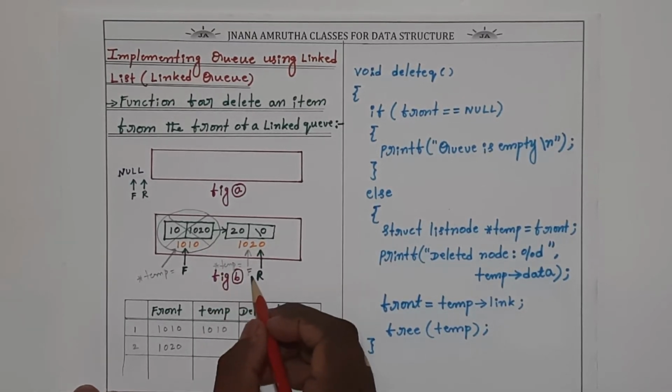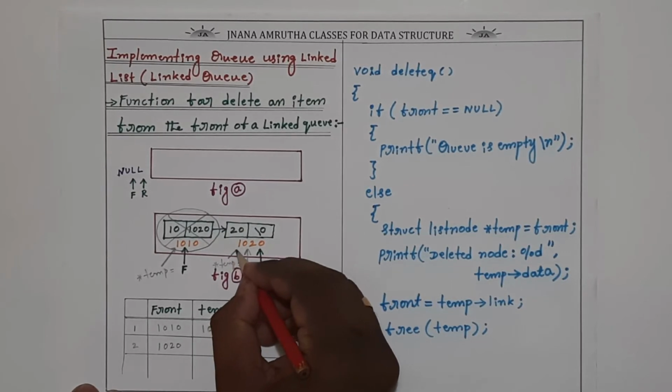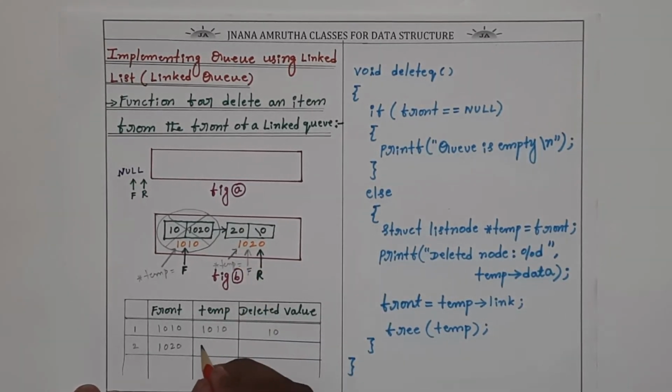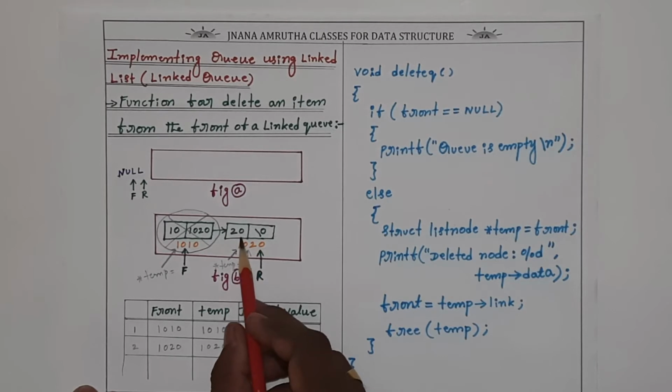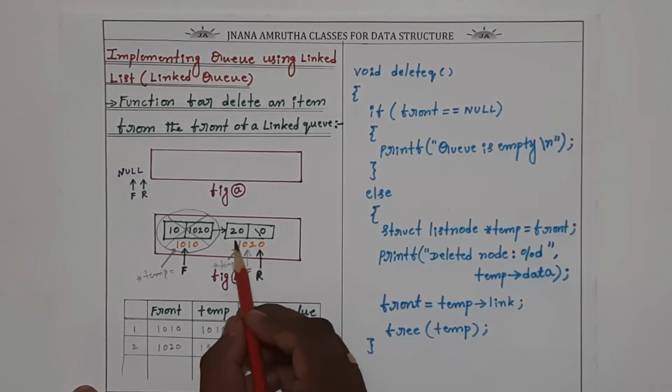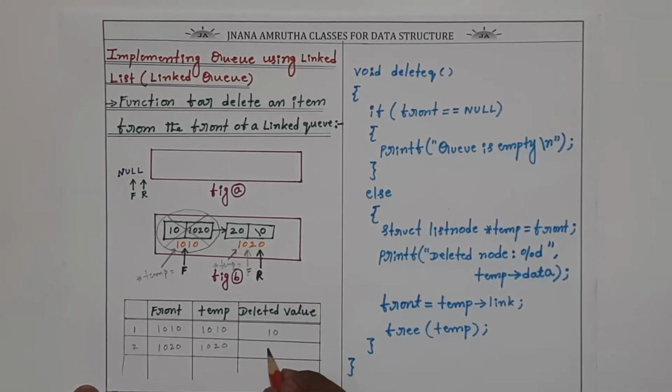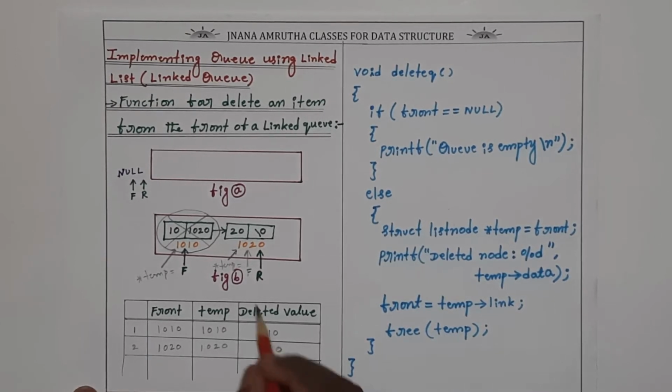Now temp is also pointing to the same address, 1020. Next, the deleted value is displayed on the output screen. Temp of data, what is the value present here? 20. That is our next deleted value, 20.